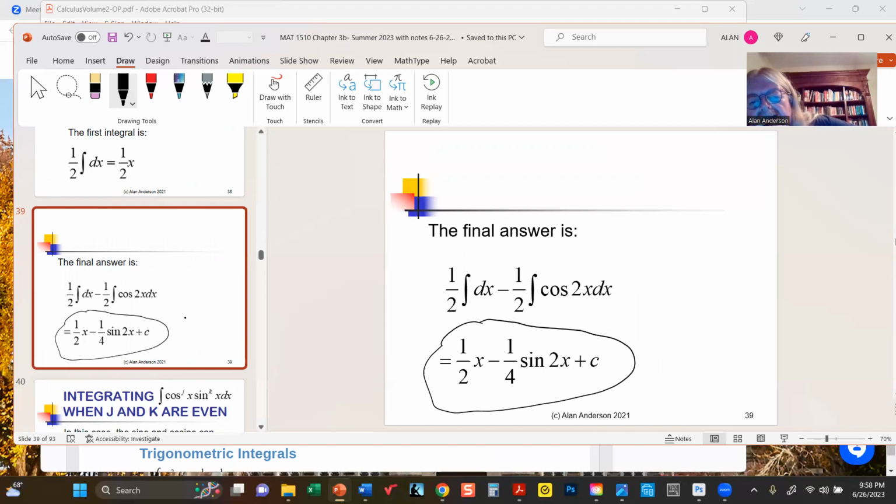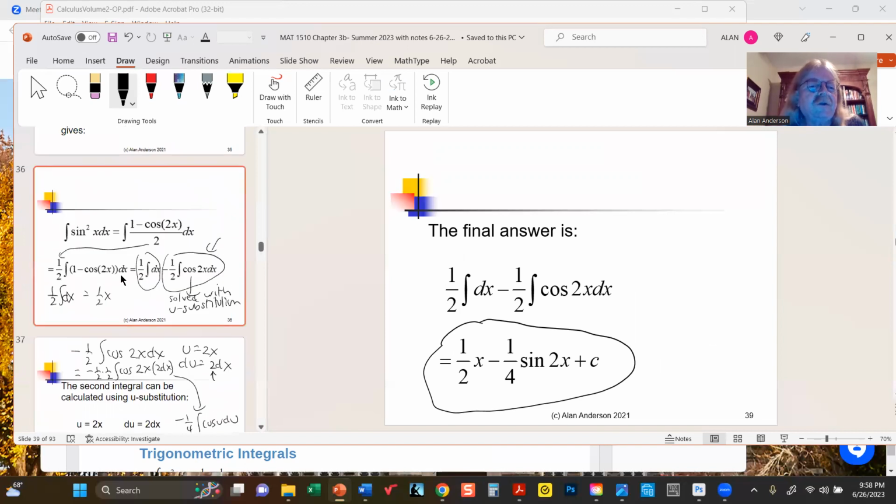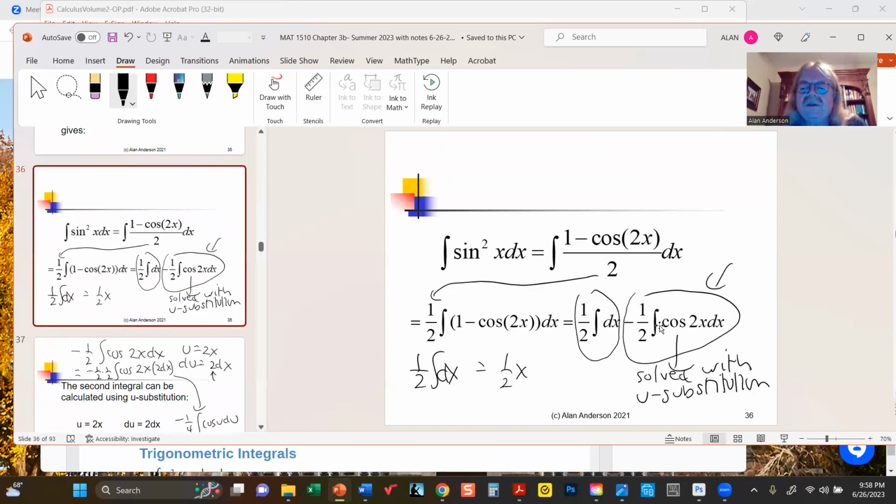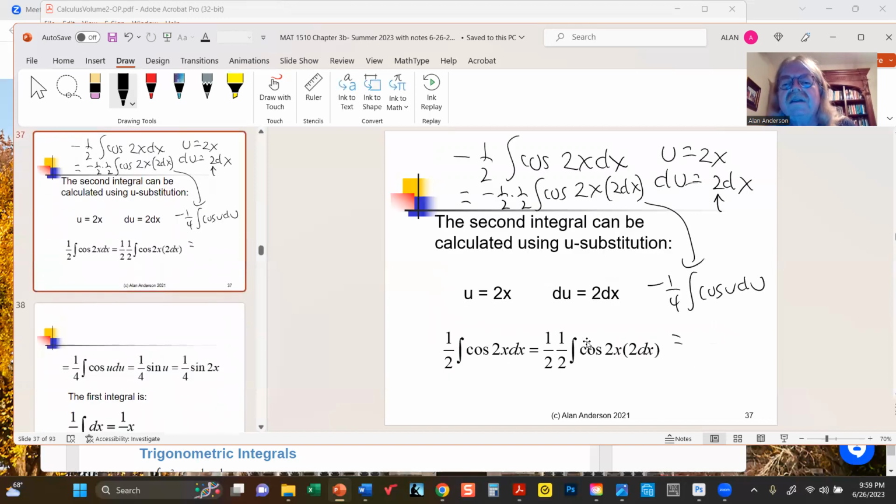Okay, so it gets a little messy here because you've got an integral with two components to it, one of which we can solve with u substitution, the other doesn't really need it. So you basically have to treat them as two separate cases, but don't forget to bring them back together. And also don't lose track of these signs.